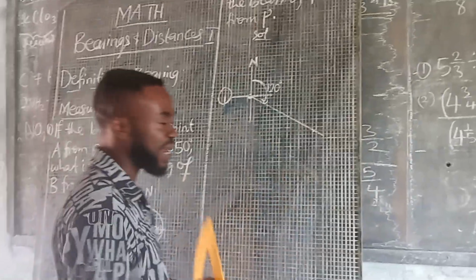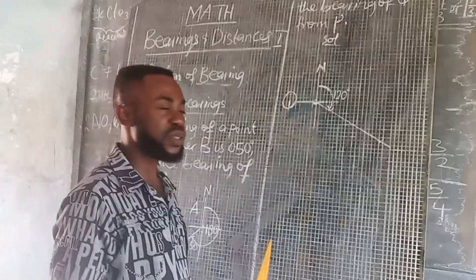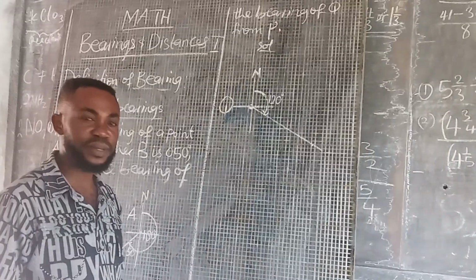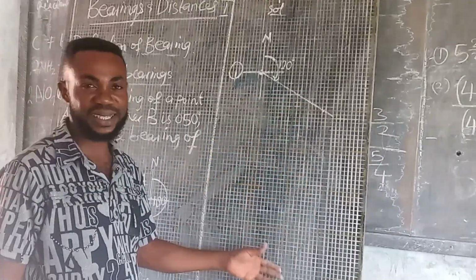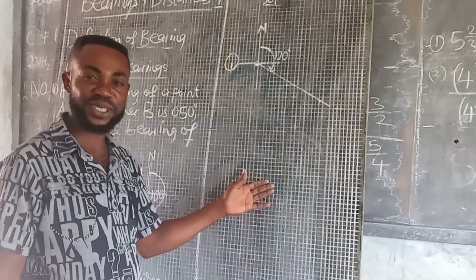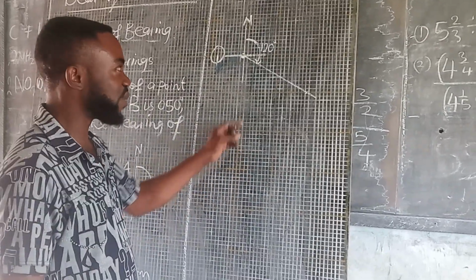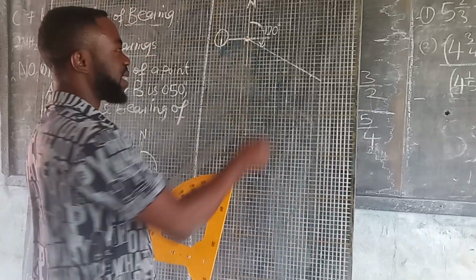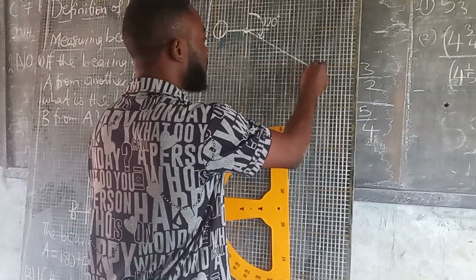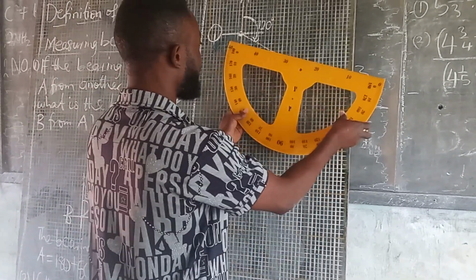The length of the line is arbitrarily selected. It depends on you because no distance is given. So you can draw the line as long as you wish for the time being until we come to bearings 2. Having measured this, you make another 4 cardinal points here.